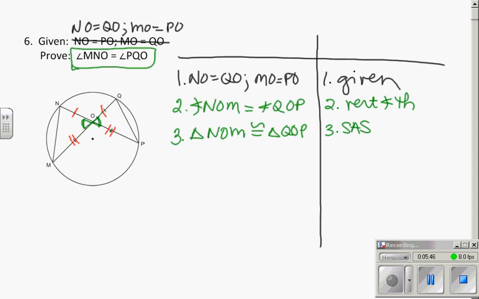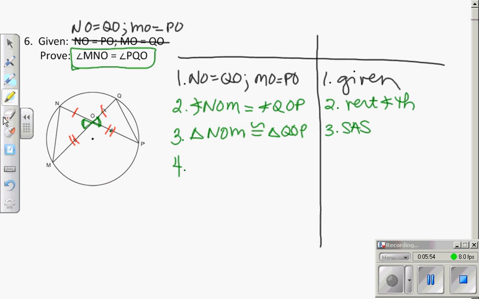If you are asked to prove angles or sides, you are almost always, 99% of the time, going to use CPCTC to get it. And when I look at where those angles are, they are in fact parts of the triangles that I'm looking at, because the triangles I'm looking at are right here.